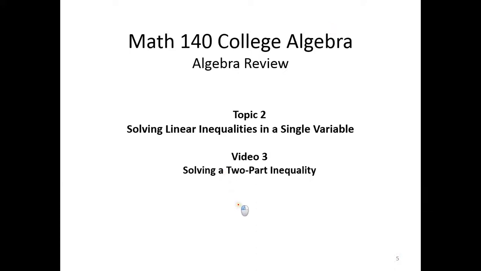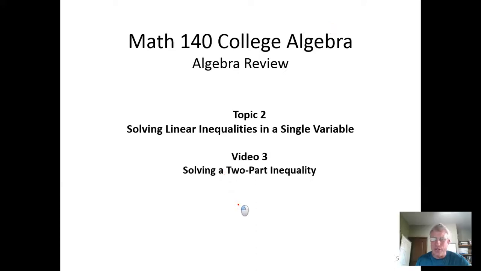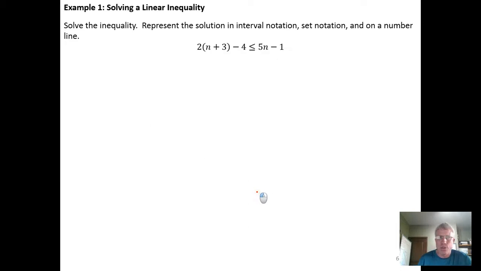So in this video we're going to solve a standard inequality. A standard linear inequality in a single variable looks exactly the same as a linear equation in a single variable, and all of the steps that you use to solve a linear equation in a single variable are the same types of steps that you're going to use to solve a linear inequality in a single variable.